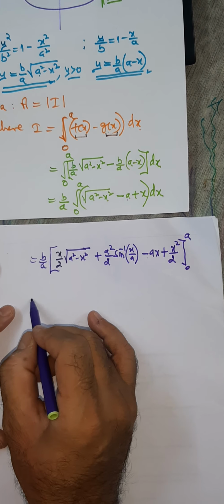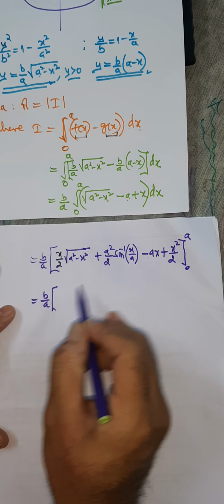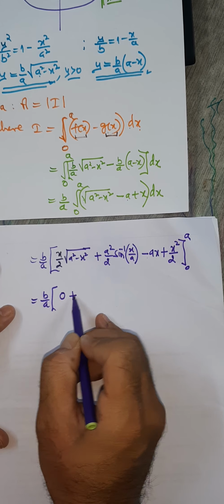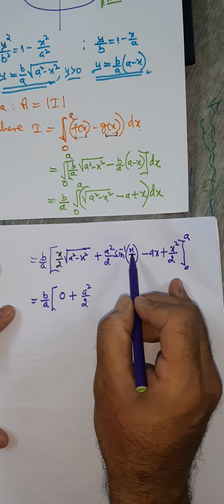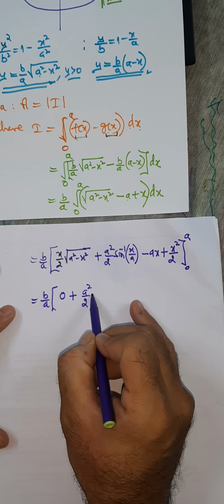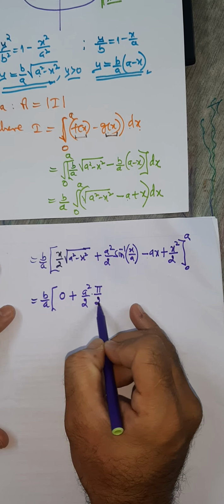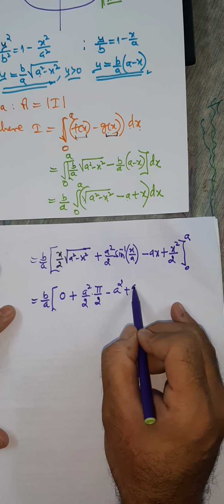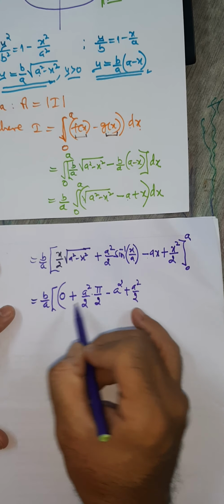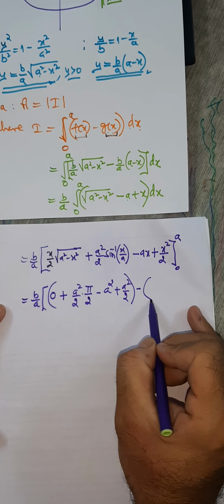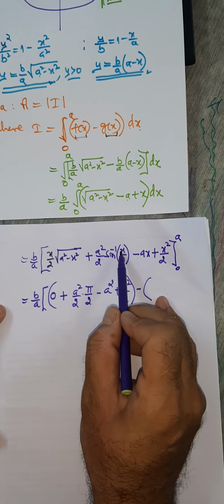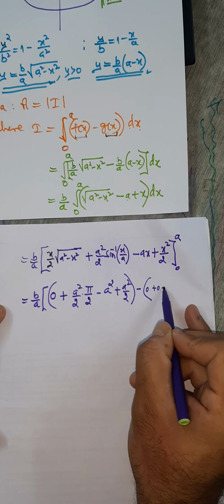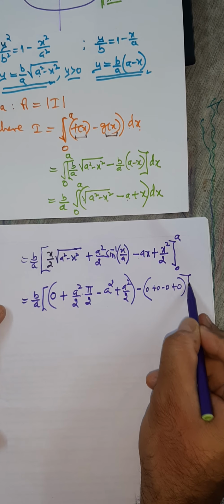Now just upper limit minus lower limit. So b by a, put upper limit. So here a by 2, a squared minus a squared, 0. a squared by 2, sine inverse a by a. What's sine inverse a by a? Sine inverse 1, pi by 2. Here a squared plus here a squared by 2. This is upper limit. Minus, instead of x you put 0. Sine inverse 0 is 0. All terms are 0, remember here. Just put x equals 0, you will notice.